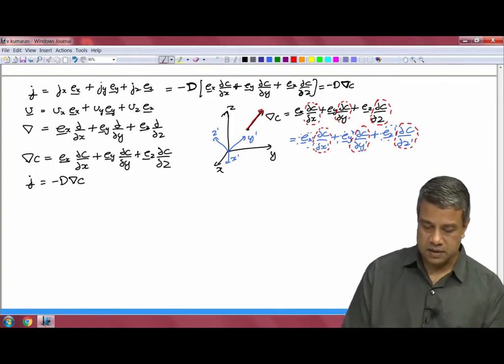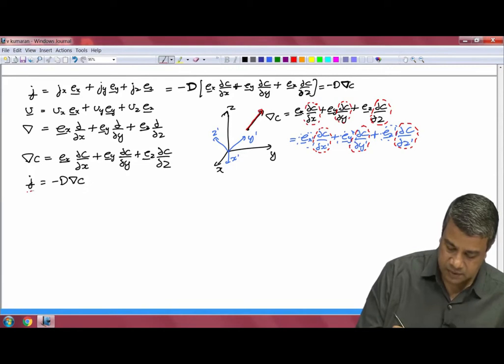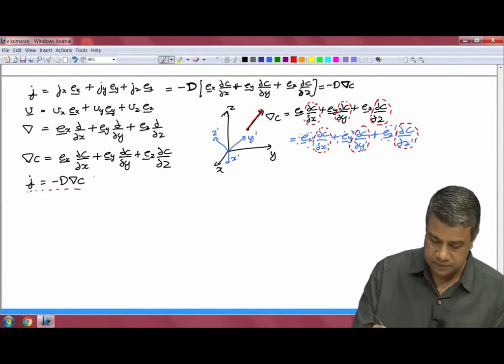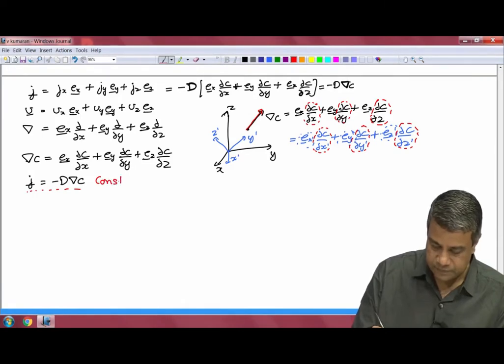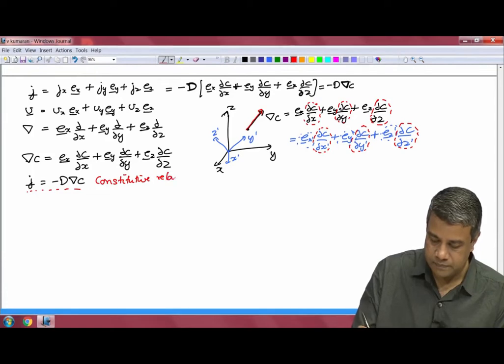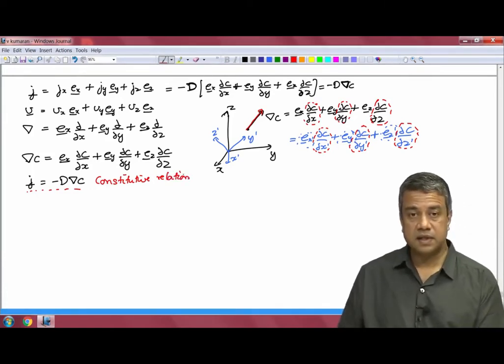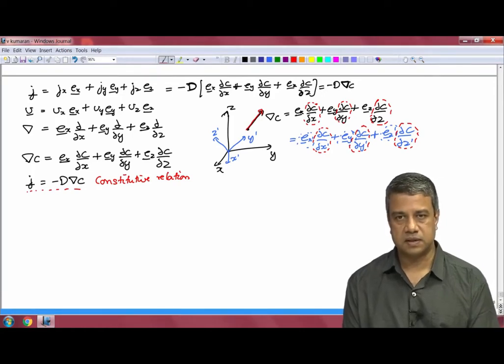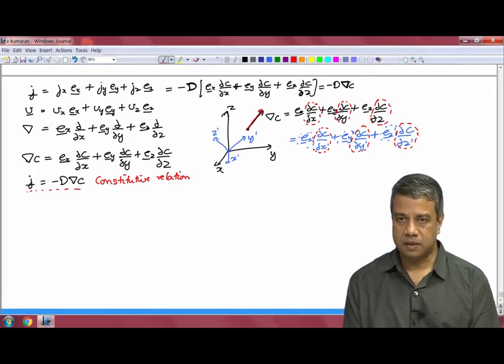So, this relationship is a relationship between two vectors. The constitutive relation here is a relation between two vectors that is independent of the choice of coordinates. When you want to determine the components, of course, you have to assign a coordinate system and determine the components in that coordinate system.